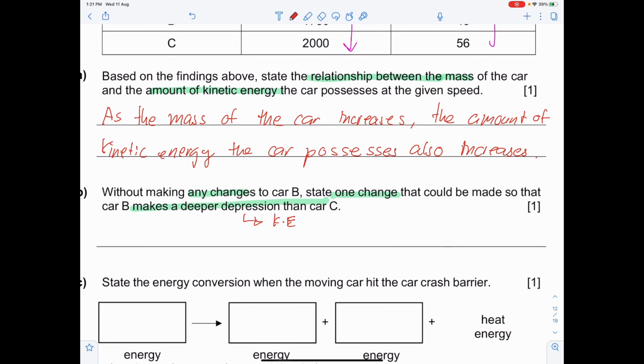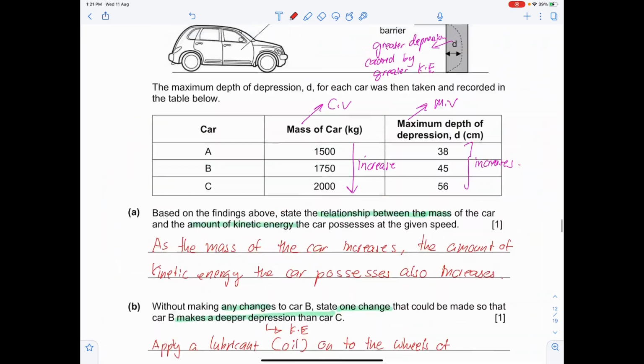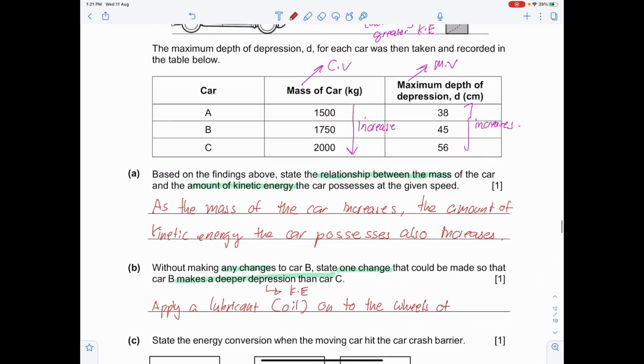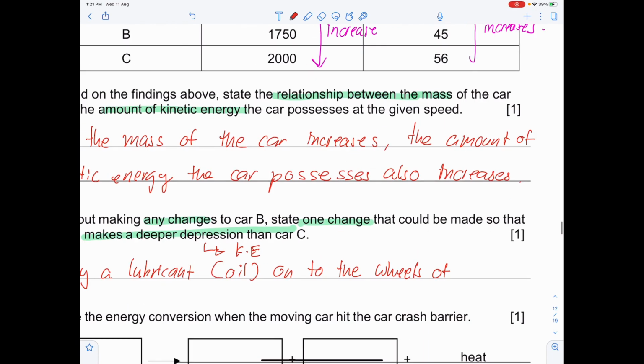So apply a lubricant, I usually give an example such as oil, onto the wheels, or onto the surface of car B.